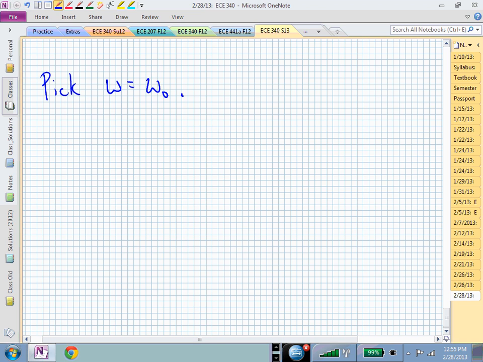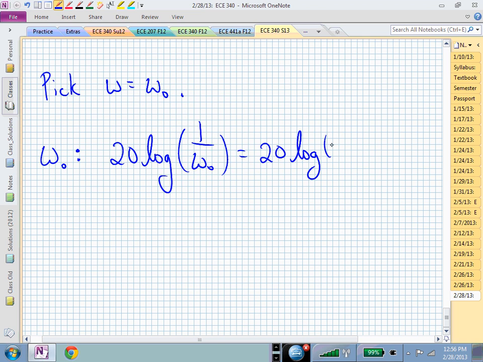Well, in dB, we now have this 20 log of 1 over omega naught. That's its magnitude in dB, which is now 20 log. Using the power of logarithms, we can say, oh, we're dividing, so we can just subtract those two numerator and denominator terms.